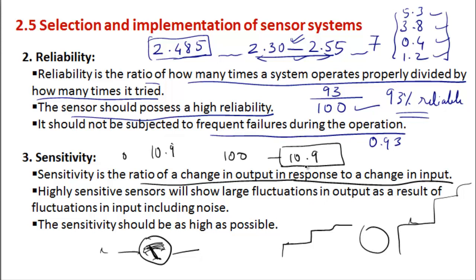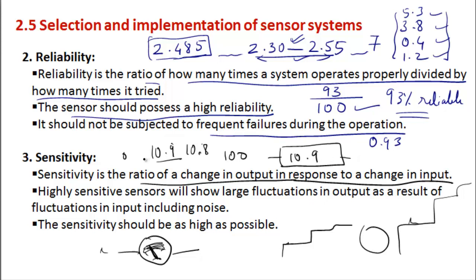But suppose the system is very sensitive, if the original value changes from 10.9 to, let's say, 10.8, then here also it will show a change of 10.8.